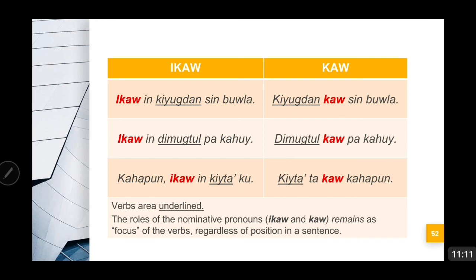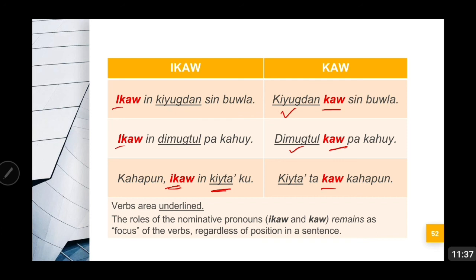Again, let's compare it better here. We use ikaw if the pronoun appears at the beginning of the sentence or before the verb, and we use kaw if it appears after the verb or after an adjective. Okay, so here these two have the same meaning. Ikaw in kyugdan sinbola.